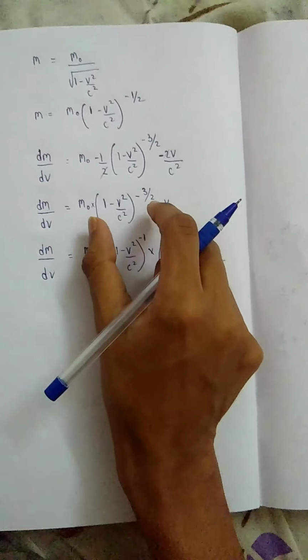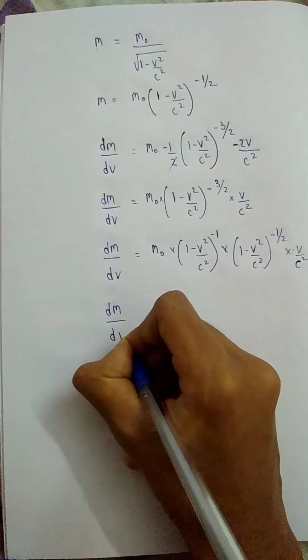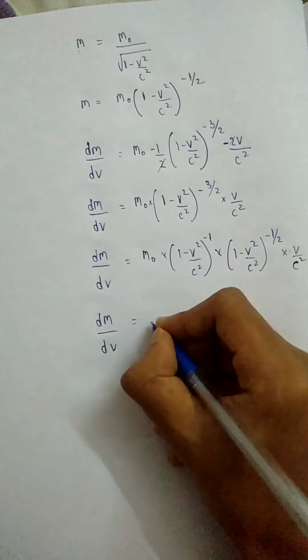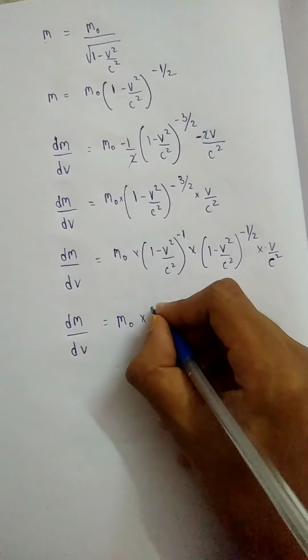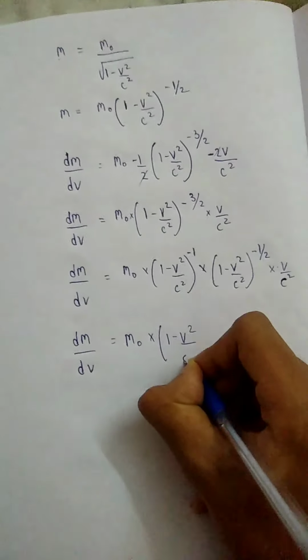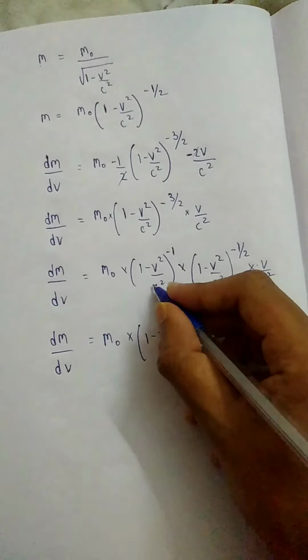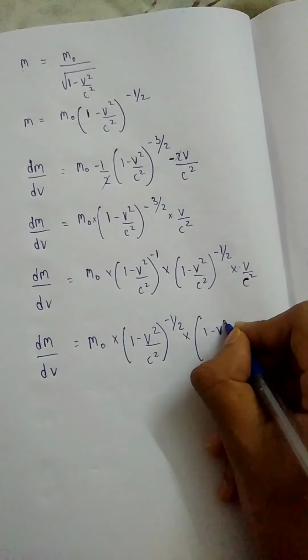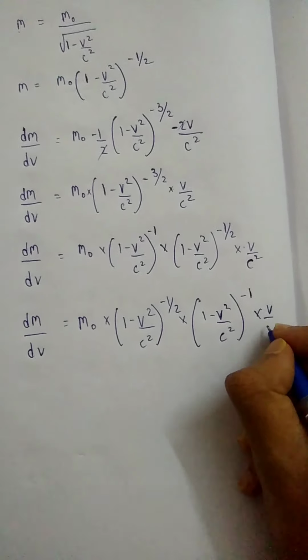So we are splitting this term into two parts, and on rearranging, we bring this term here: (1 minus v square by c square) power minus 1 by 2 into (1 minus v square by c square) power minus 1 into v by c square.